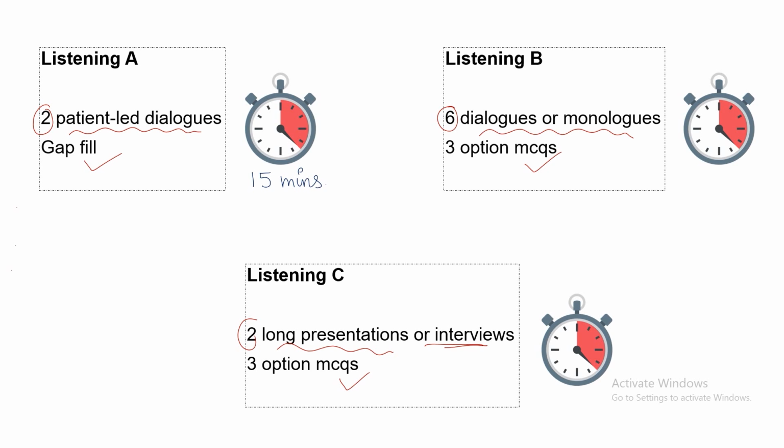Listening part B will last for the next 10 minutes, and listening part C will be for another 15 minutes. So this is how it totals up to the 45-minute long OET listening test.